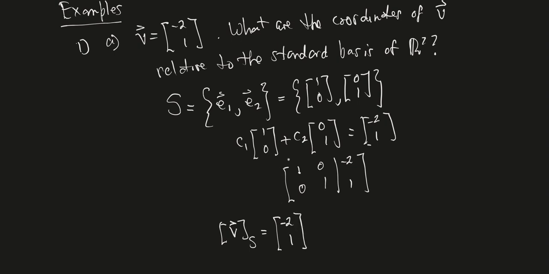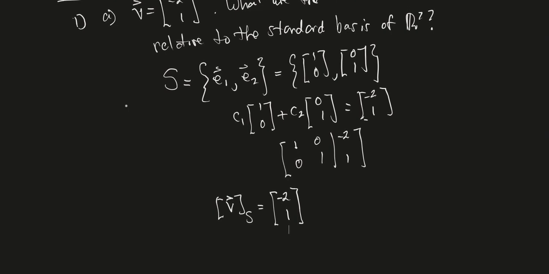So when you're finding the coordinates of a vector relative to the standard ordered basis, the coordinates are exactly the components of the vector, because of how the standard basis is defined. You might ask what the point of this is. Well, the concept of coordinates becomes more important when you're not using a standard basis for your Rn, or for any of your n-dimensional vector spaces.